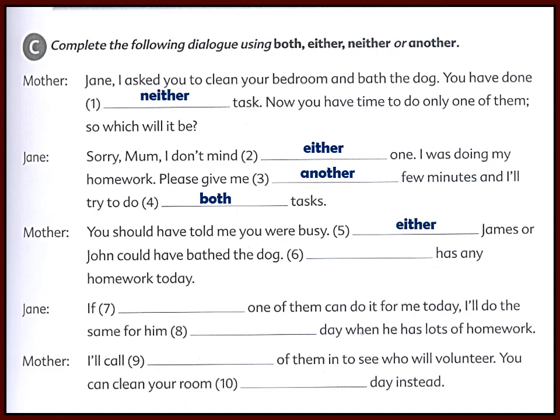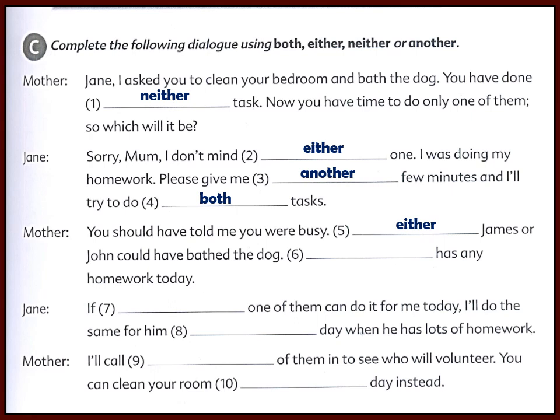So we can say this is a pair, either and or. So either James or John. It means 2 persons are here, 2 nouns are here, and we are discussing any one between them. So whenever you have or and you are told to add a quantifier, then you can use either there. ठीक है? You should have told me you were busy. Either James or John could have bathed the dog.